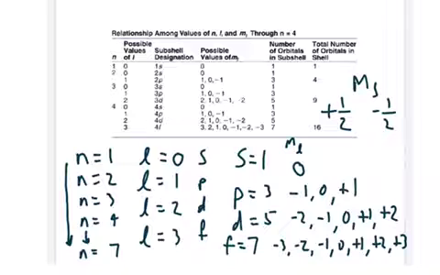So these are the 4 letters N, L, ml, and ms that are used to designate an electron inside an atom. These are known as the 4 quantum numbers. There's a principle called the Pauli exclusion principle, and we can use these 4 letters to give the electron an address.